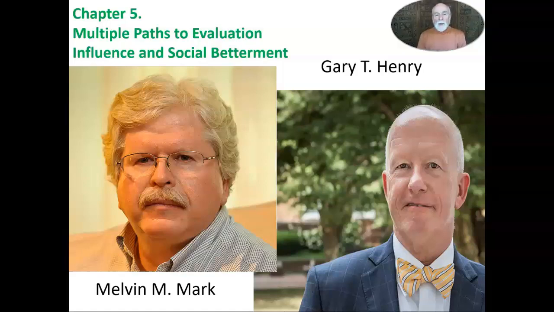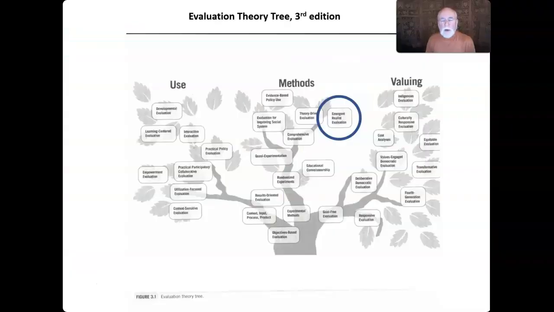But in fact, as Alkin and Christie originally concluded, it's a very comprehensive and integrated approach and ought to be presented in that way. It doesn't fit on one branch neatly. In introducing emergent realist evaluation in the new third edition, they note that this theory has expanded extensively into discussing evaluation influence, and therefore, by depicting different levels and types of evaluation use, has made a significant contribution to the use branch.